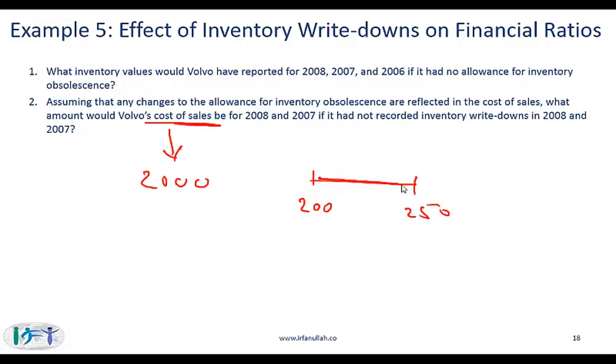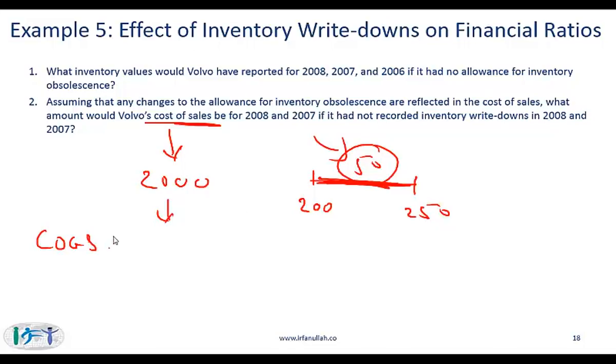So what was the valuation allowance charged in this particular year? 50, which is the change. It is the ending number minus the beginning number. If we were not dealing with the valuation allowance, so we are not counting this 50, then what would the COGS be?